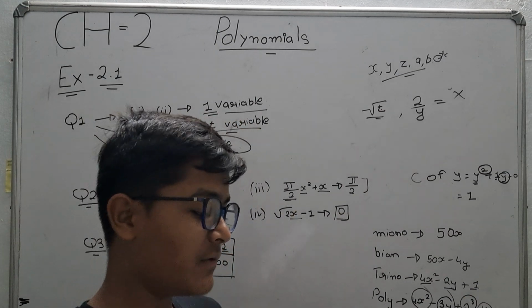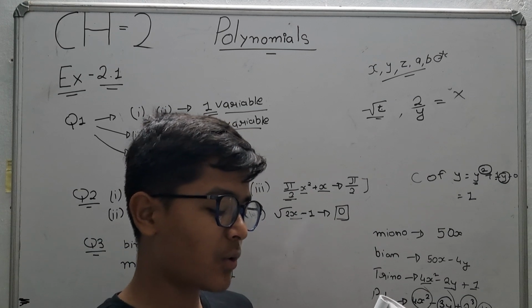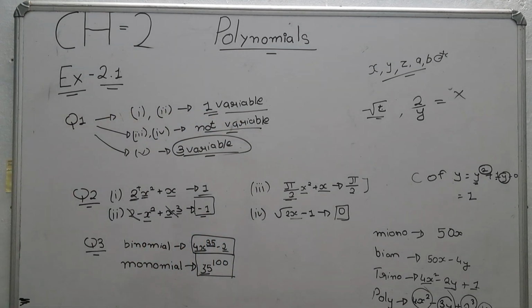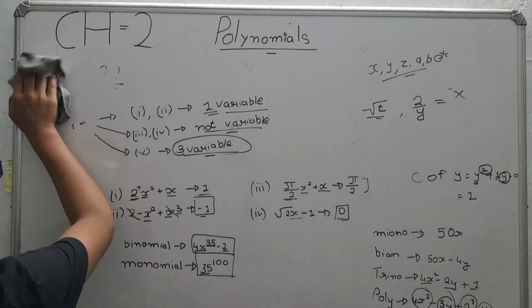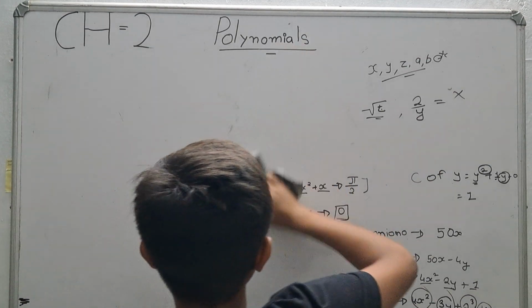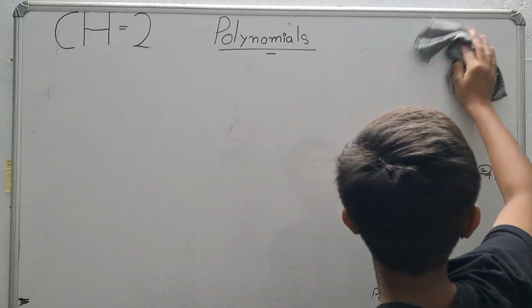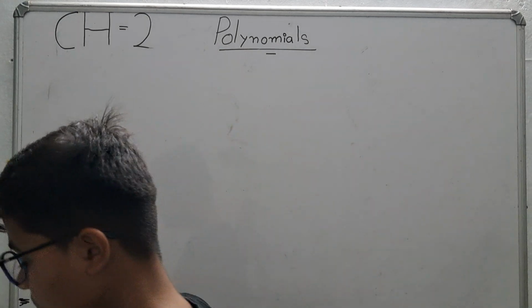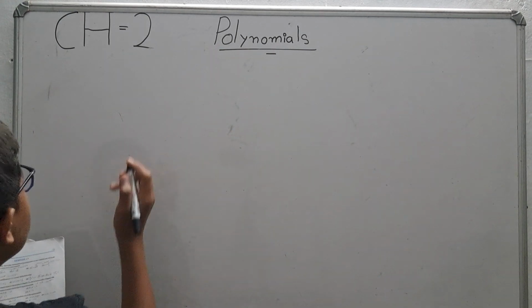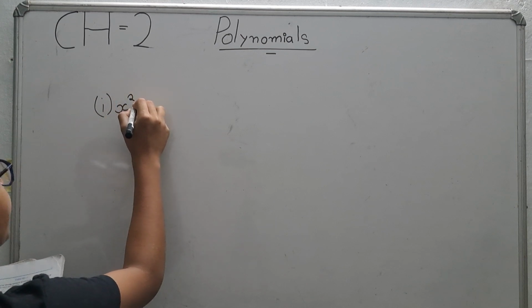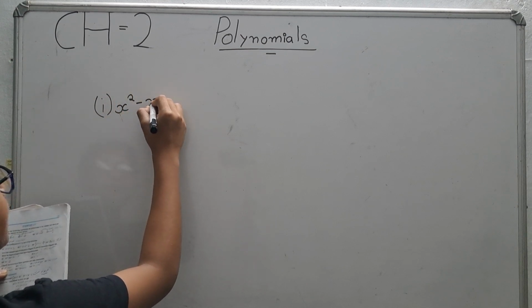Question number 5, in which they have given linear, quadratic and cubic polynomials. Let's first understand what is cubic, what is linear and what is quadratic. Let's take an example from the exercise only: x square minus x.